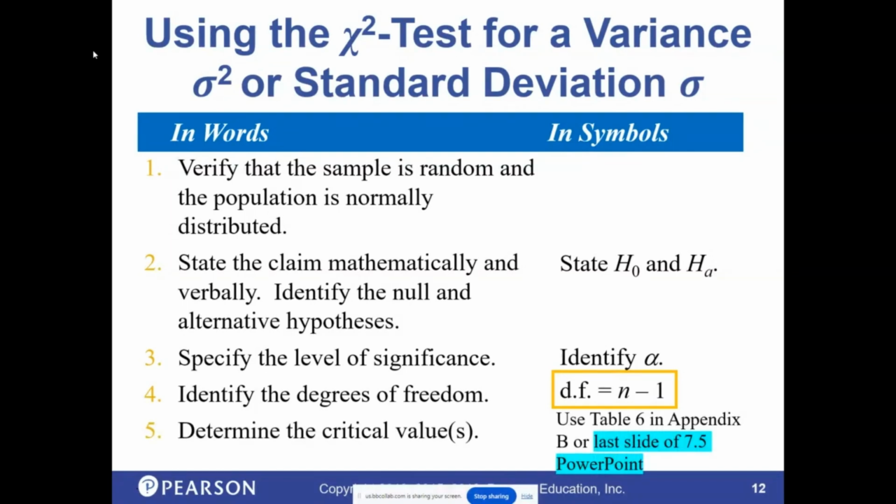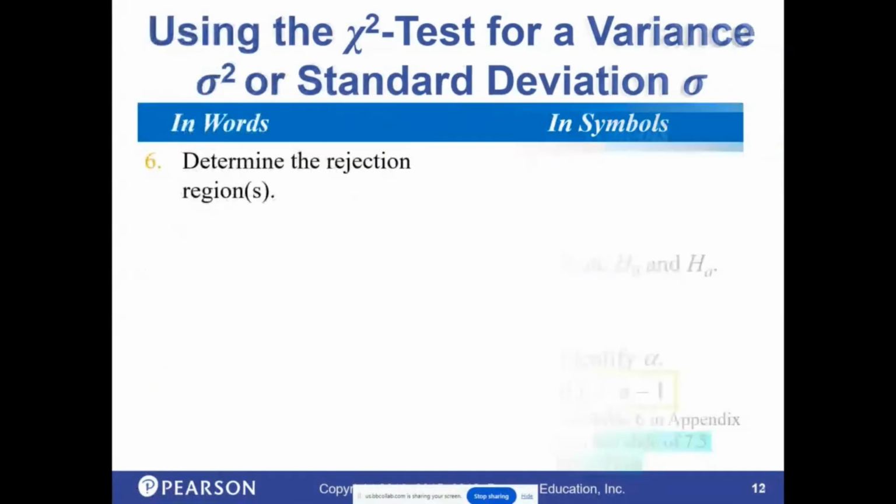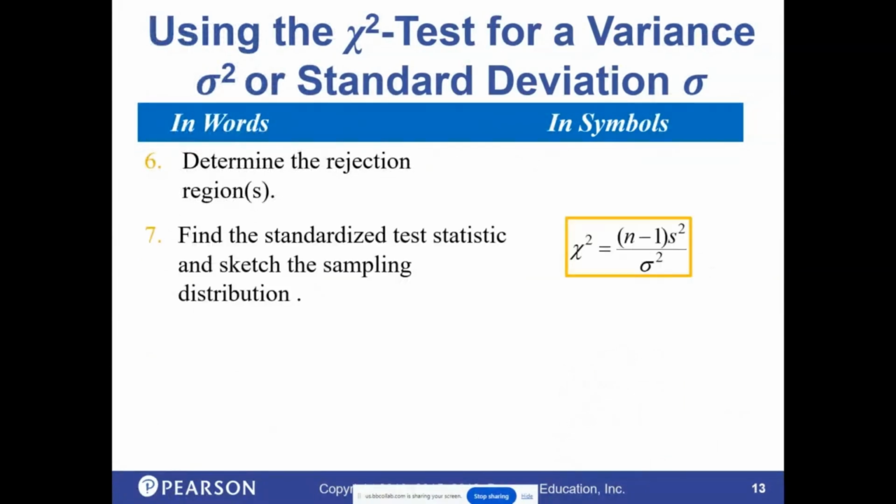And then we determine the critical values. So the critical values are what we just did on the previous 3 examples, where we look it up in the table depending on whether we have a left, right, or a two-tailed test, and then also using our alpha and our DF. And that helps us to determine the rejection region. It tells us the boundaries on our rejection region.